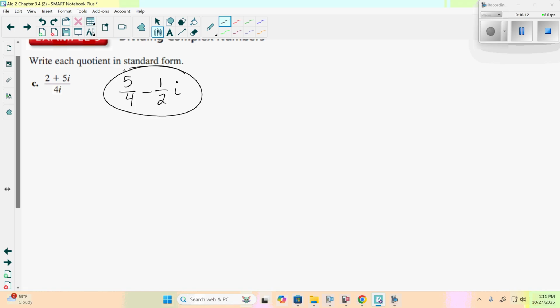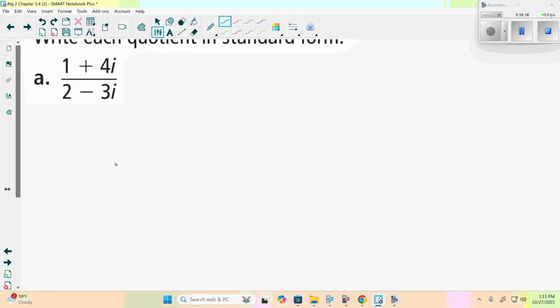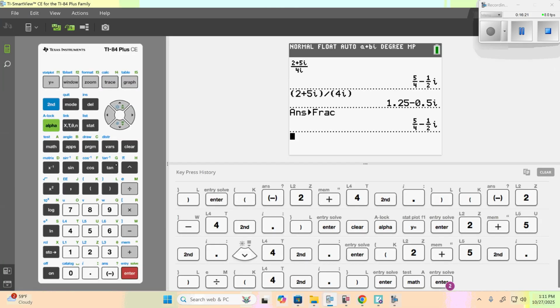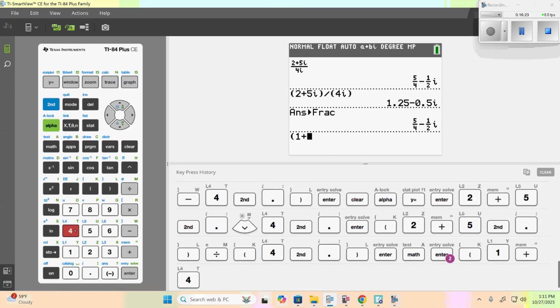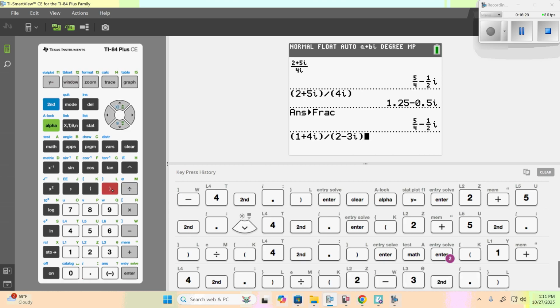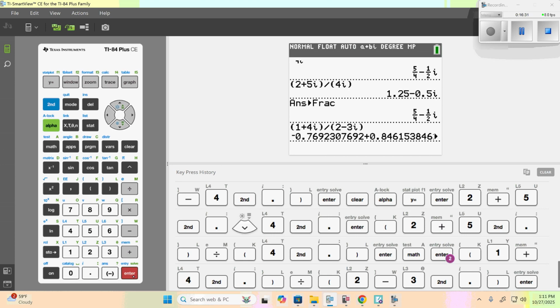That's it. So let's look at the next one after this, which is 1 plus 4i over 2 minus 3i. So again, parentheses, 1 plus 4i divided by 2 minus 3i. And so you got the negative 1.25... the decimal.